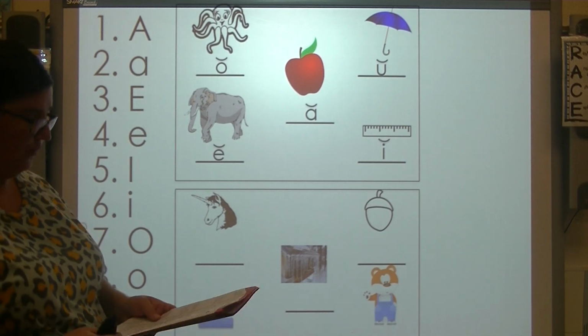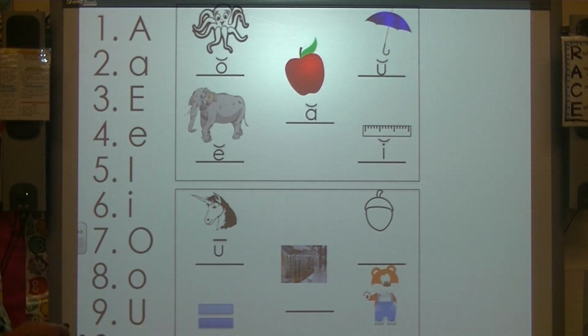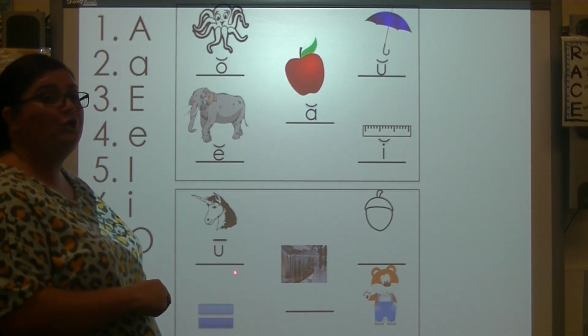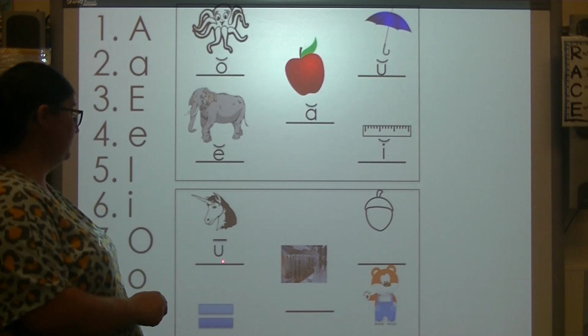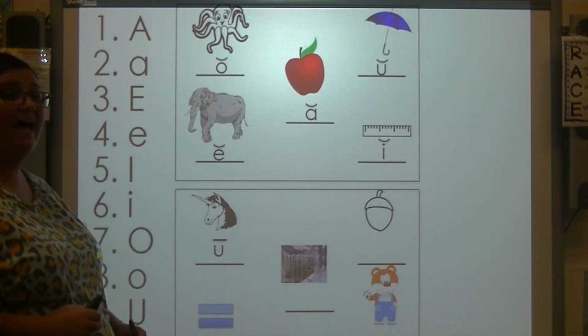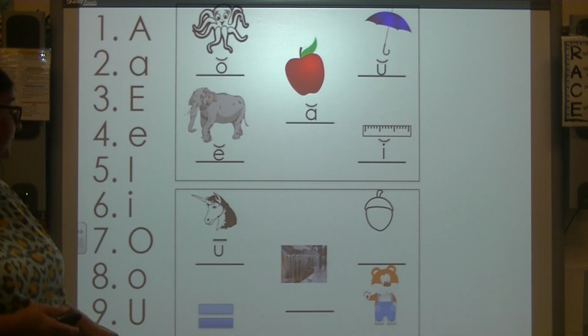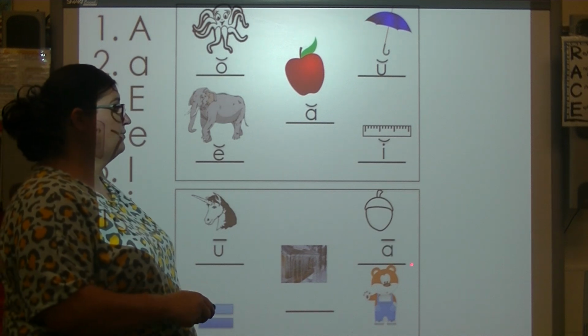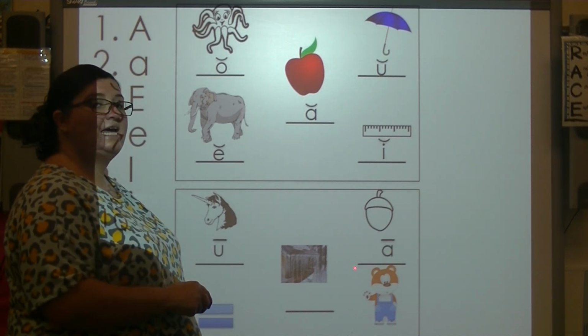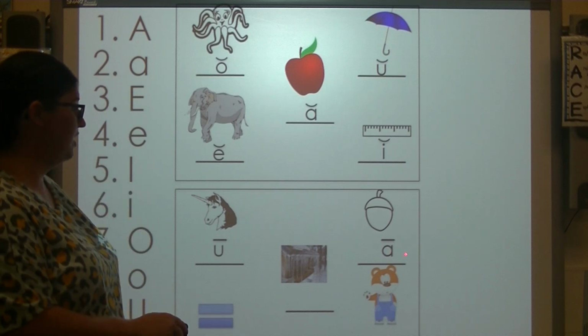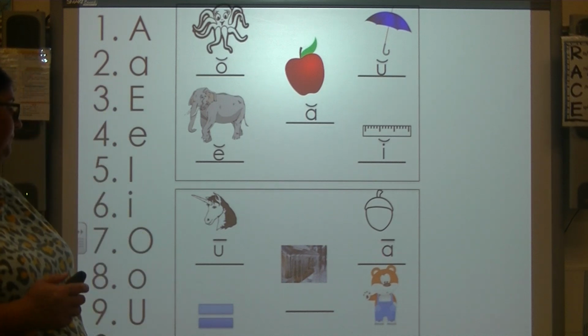Okay, let's check your work. All right, the first one, unicorn, long U. Let's put that hat on, that macron. And the next one, acorn, long A with a macron.